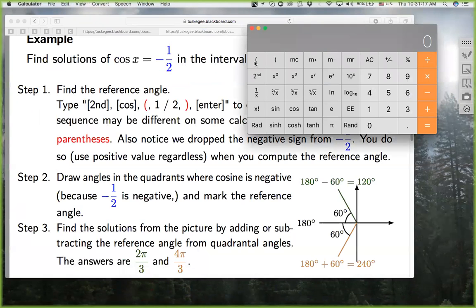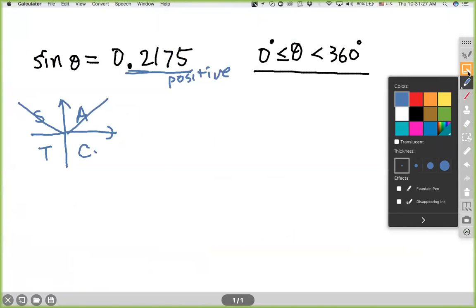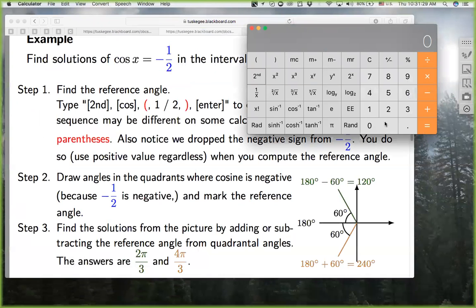Use the inverse sine of the number we have seen before, 0.2175, and take the inverse sine.